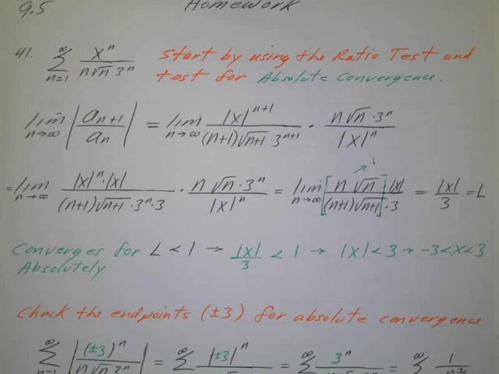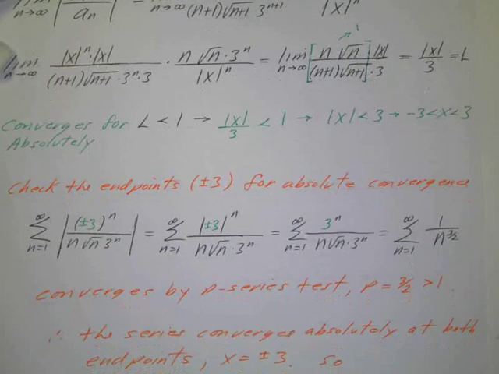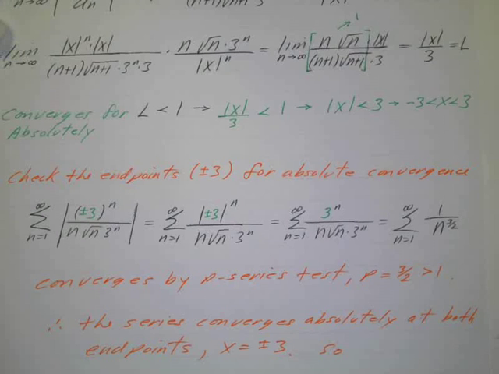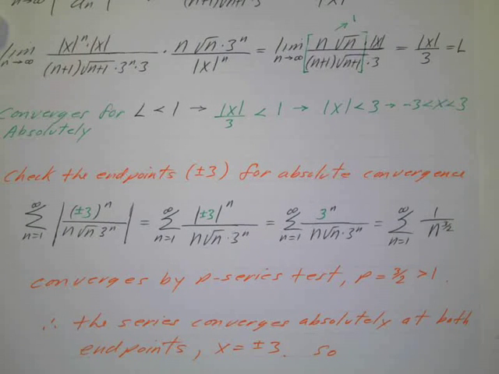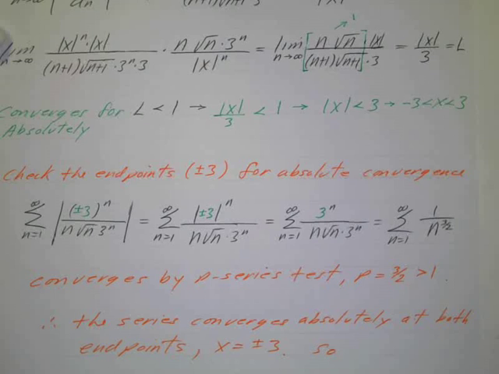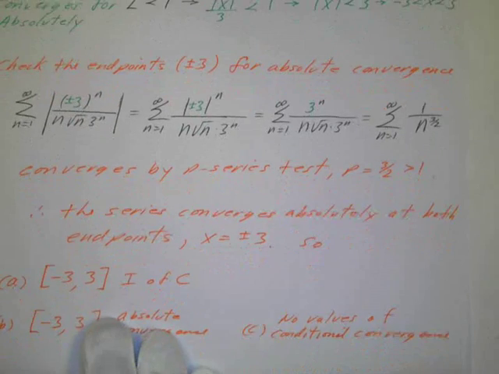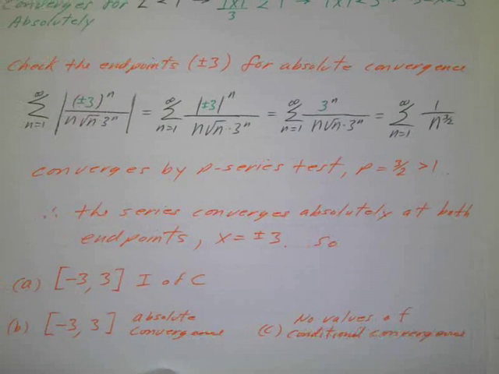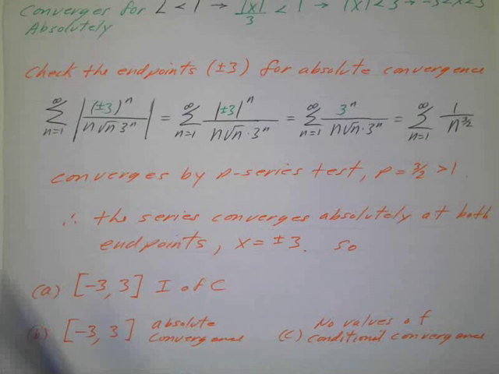I'm going to tilt my paper there, so we need to check the endpoints. What I'm going to do is try plus or minus 3 at the same time for absolute convergence. You can do them separately, or you can group them up, because when we take the absolute value, they're going to end up being the same. So check the endpoints for absolute convergence.